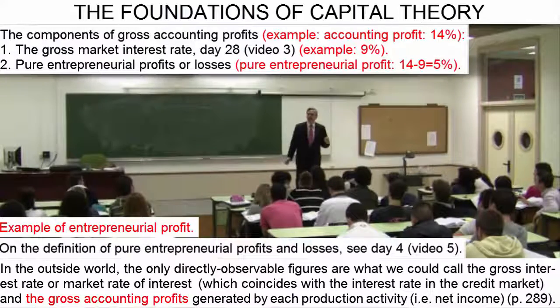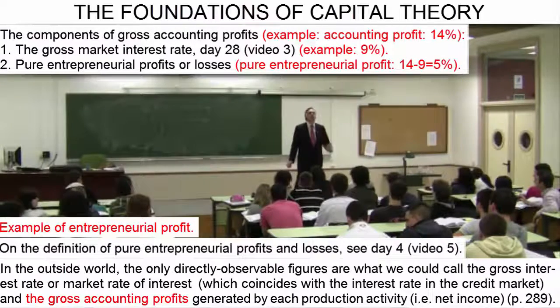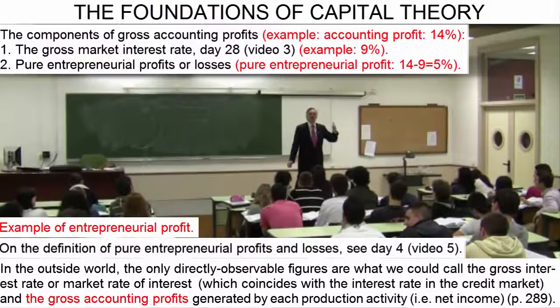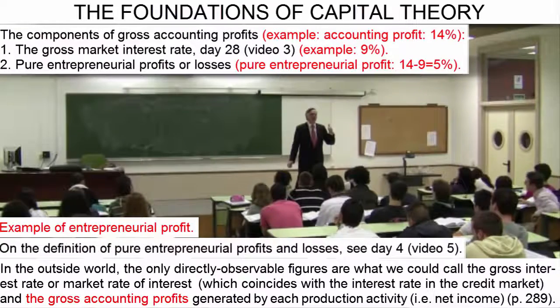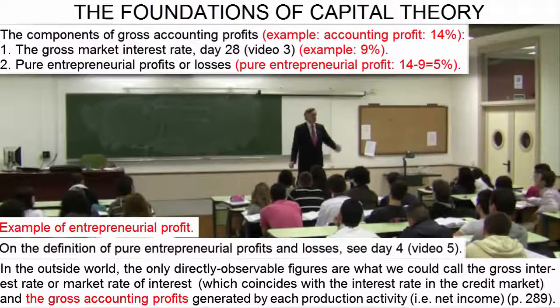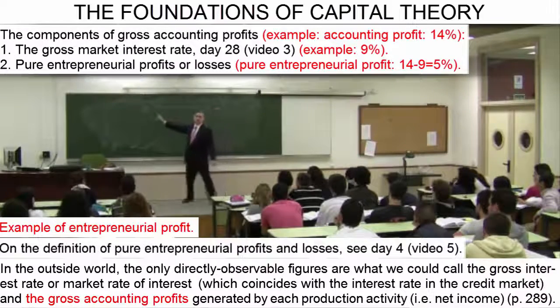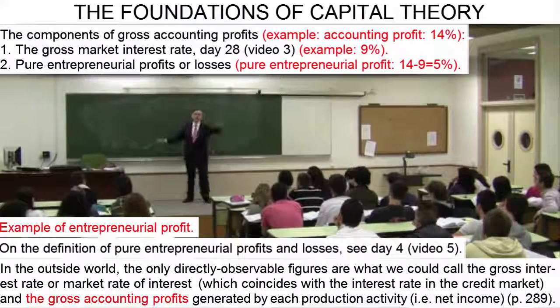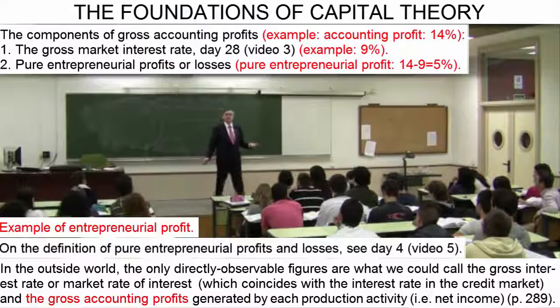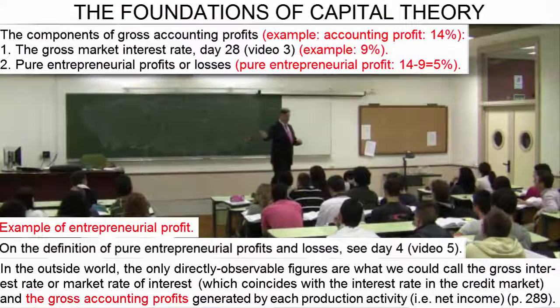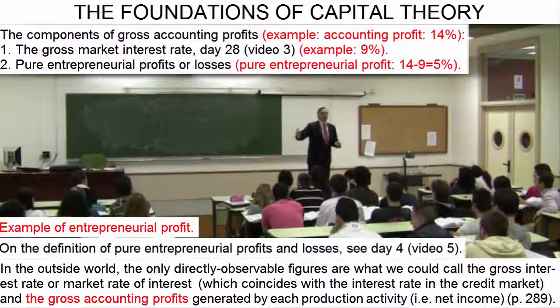They have made a profit, and a profit of 50,000 euros. For if they had lent that 1 million they put into the business, they would have obtained 90,000, since the gross market interest rate is 9%. But because they devoted their savings to the company, they have brought in 140,000 instead of 90,000.